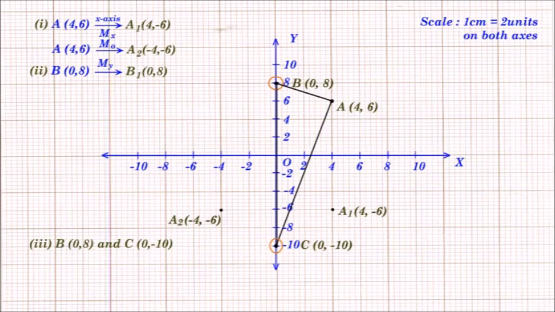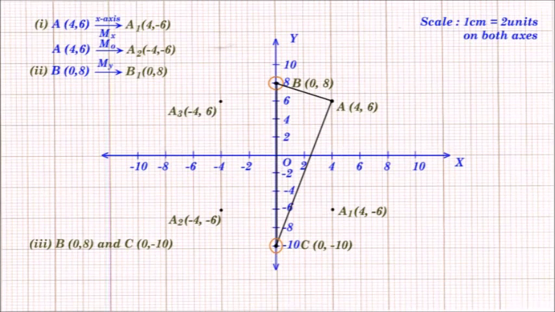In the reflection, when we take the reflection under y-axis, let's mark the point A3 that will have coordinates as -4, 6. Now you will observe that B, when it is reflected in the y-axis, the coordinates will not change, and same way for the point C, the coordinates will not change.